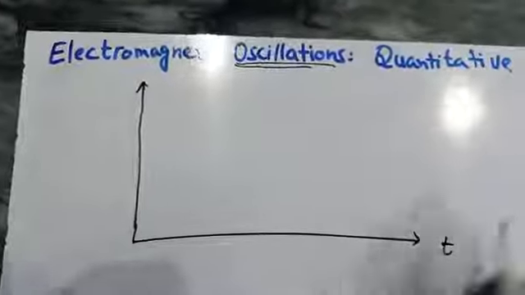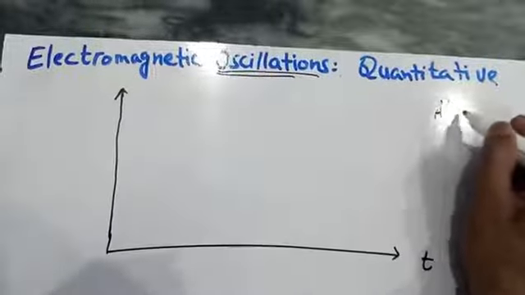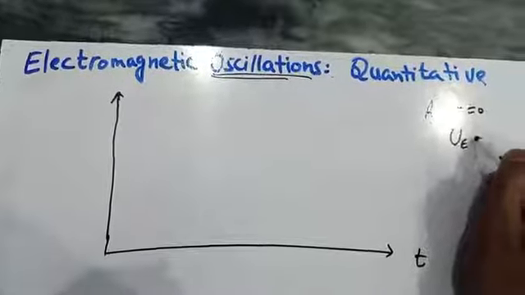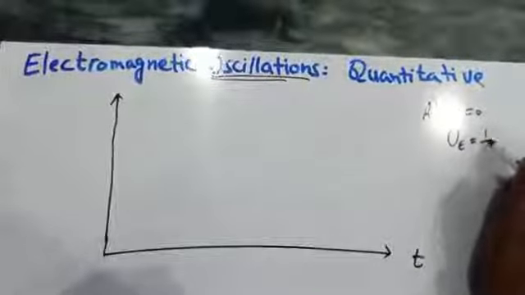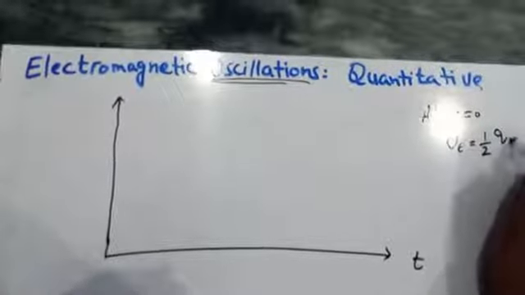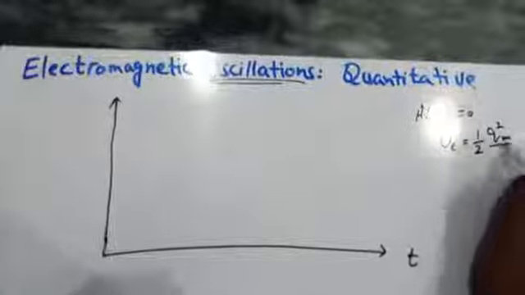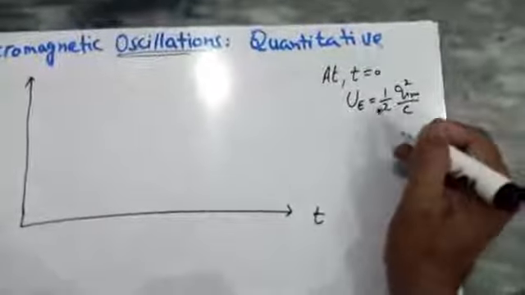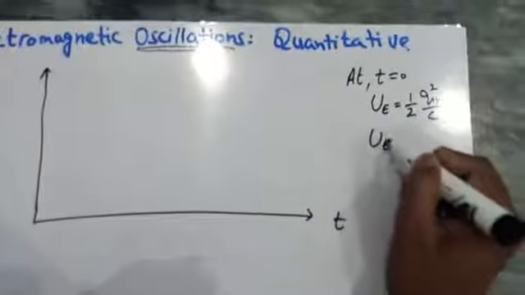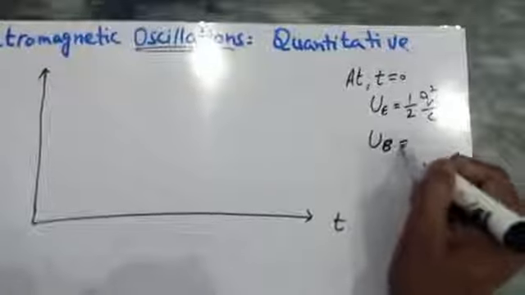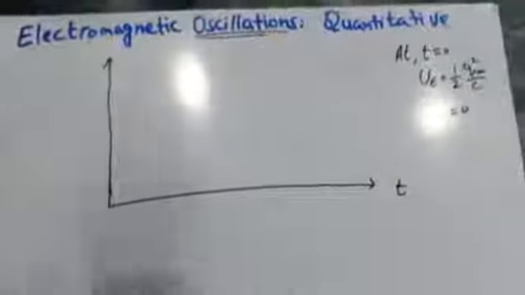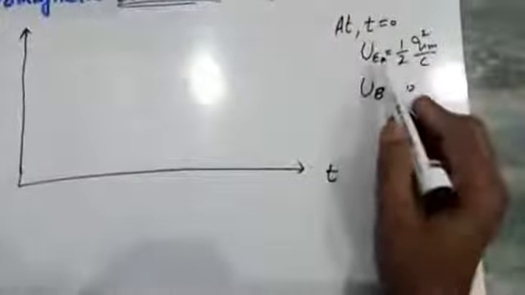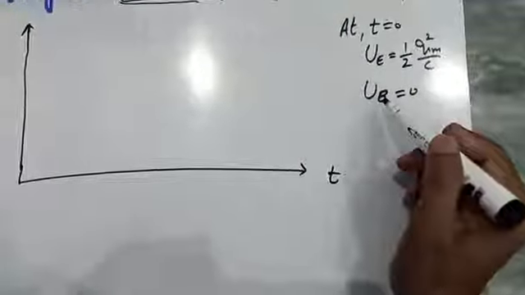If we consider that at time t equal to 0, the total energy is electric energy and maximum electric energy is half qm square over c. When charge q is maximum, then energy is maximum. And initially we suppose that magnetic energy is 0. With the passage of time, electric energy decreases and magnetic energy increases.